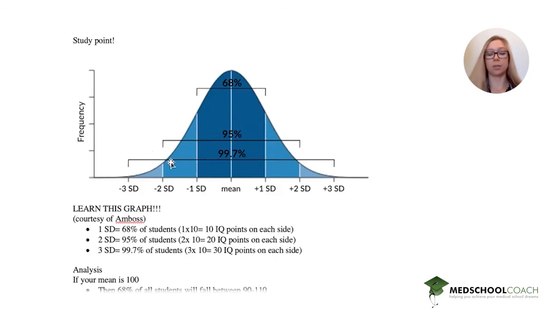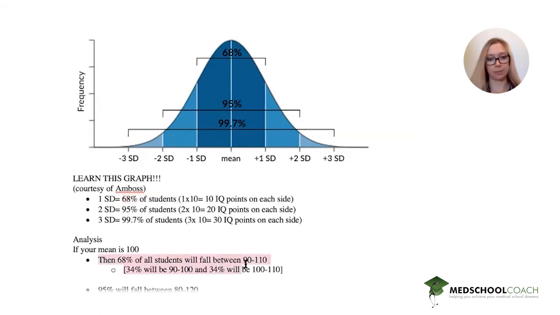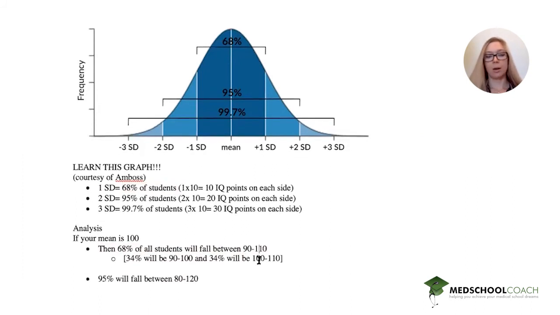So in this case, your standard deviation is 10. So that means with 1 standard deviation, which is 68% of students right here, that's 10 IQ points on each side. So 68% of students will be between the IQs of 90 to 110, and I have that listed right here. Now, 95% of students will have their IQs fall between 80 and 120.